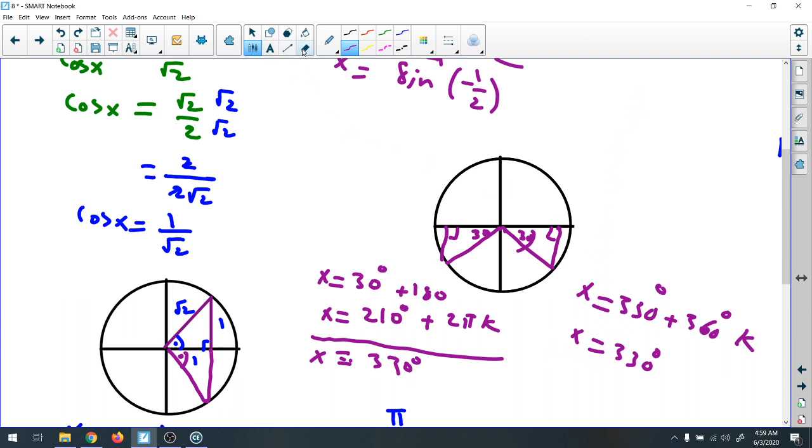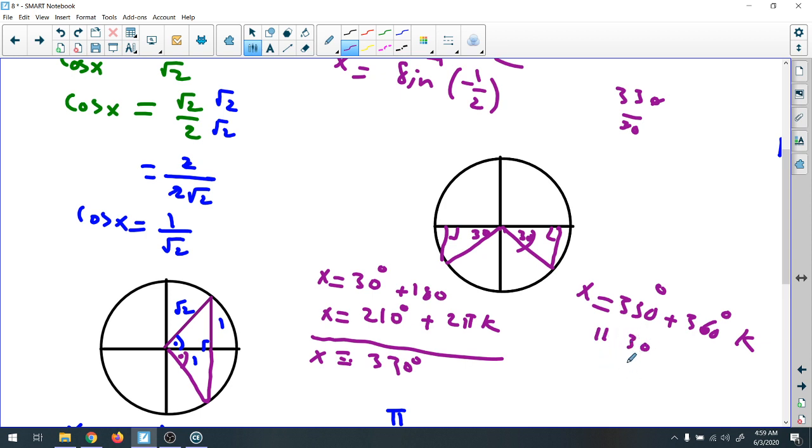Now we could express it in the radian system. 330 degrees, if you divide it by 30, how many 30s do we have? It's 11 times 30.